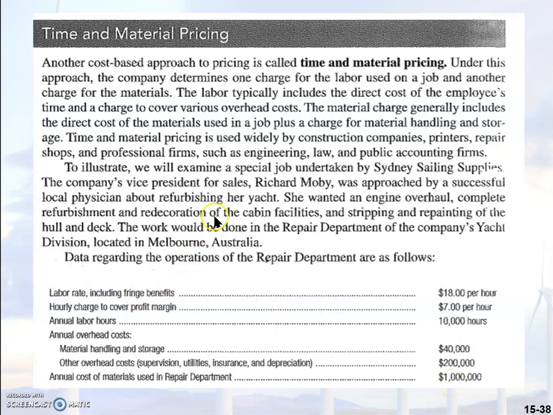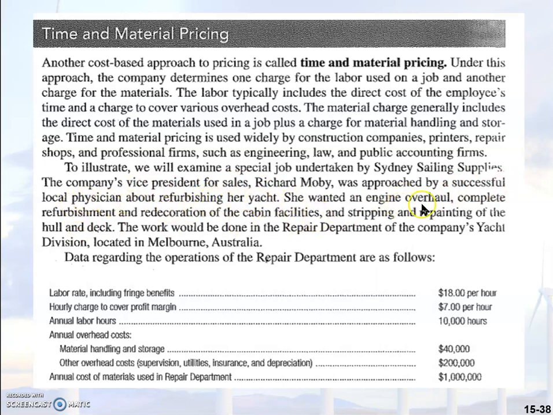So we are going to use this information to illustrate a special job undertaken by Sydney Sailing Supplies. Richard Mobby, the vice president for sales, was approached by a successful local physician to refurbish her yacht.